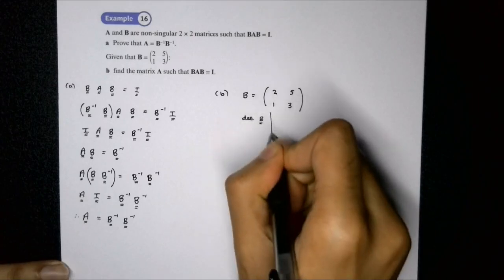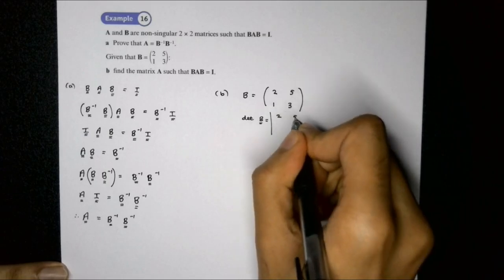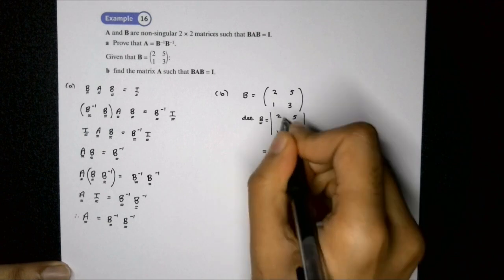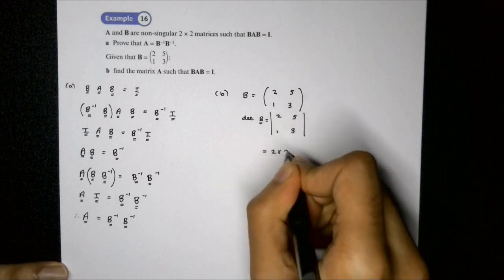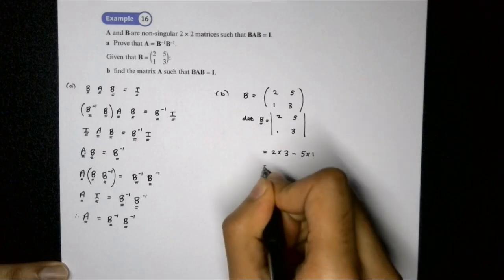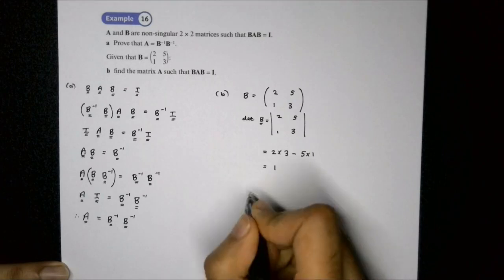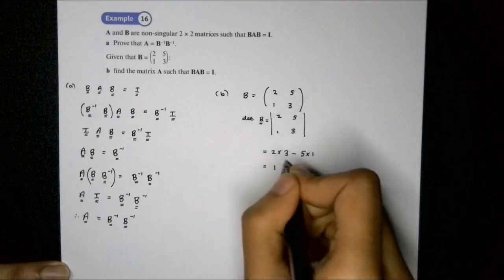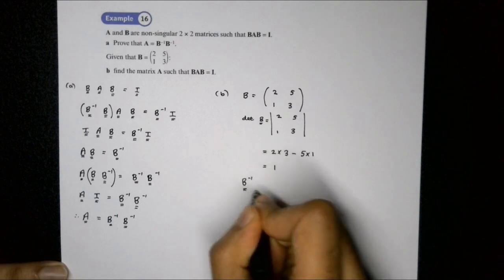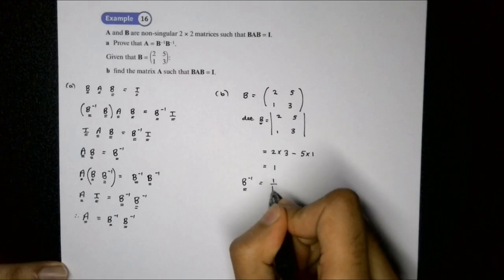So the determinant of B, that's the determinant of 2, 5, 1, 3. So we have 2 times 3 minus 5 times 1. It turns out the determinant of B is equal to 1. So to find the inverse of B, that's equal to 1 over the determinant of B. So we have 1 over 1.